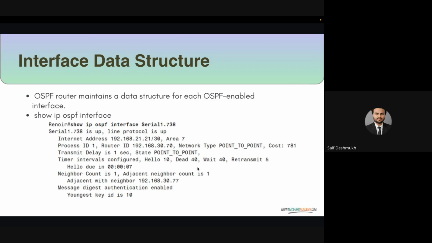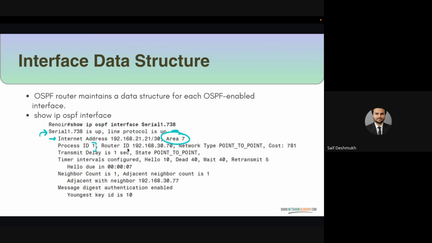What do you get? We have the interface name. It is in up state. The line protocol is up. We are seeing the IPv4 address on that interface. This link is in area 7. The process ID 1 is running here.